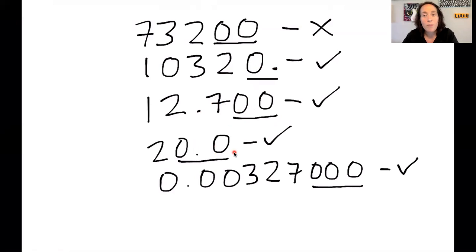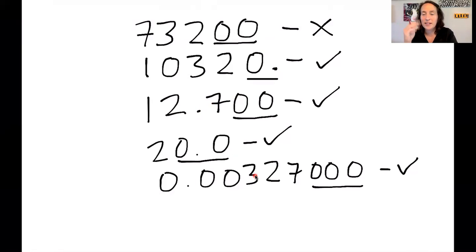Most trailing zeros are significant, but the only exception is the rule up here: if we're talking about big whole numbers with no decimal place, any trailing zeros are not significant. If you put a decimal place there, they become significant. And any zeros that are trailing and after a decimal place are significant.